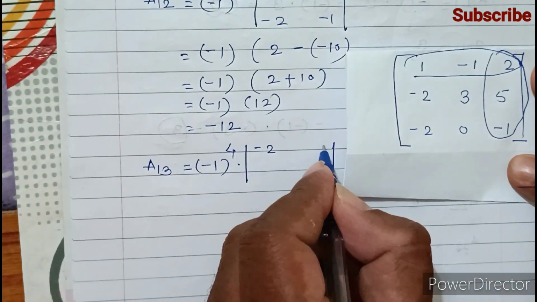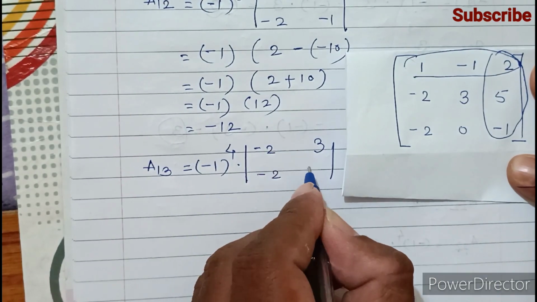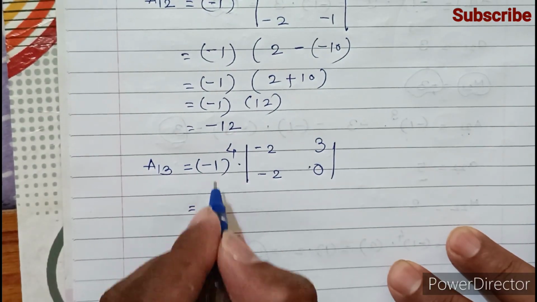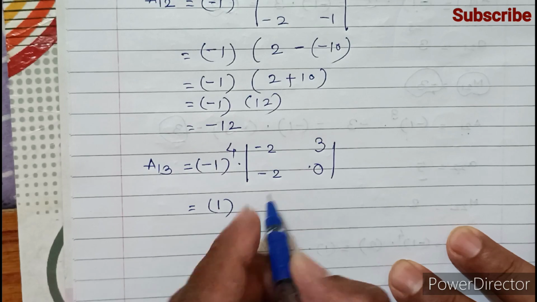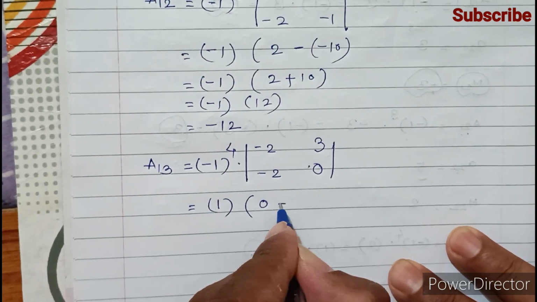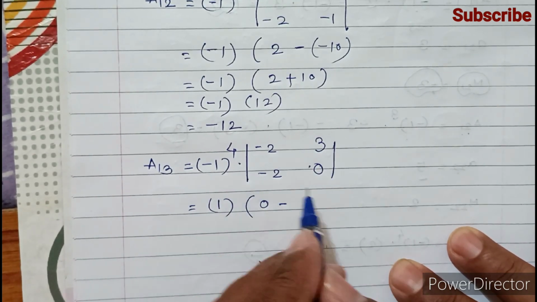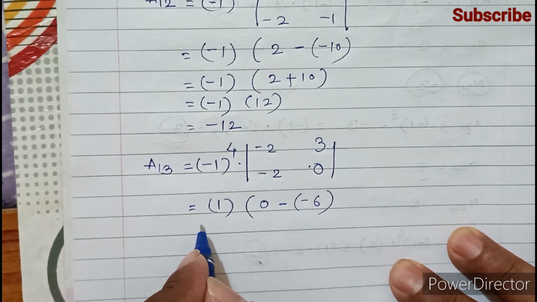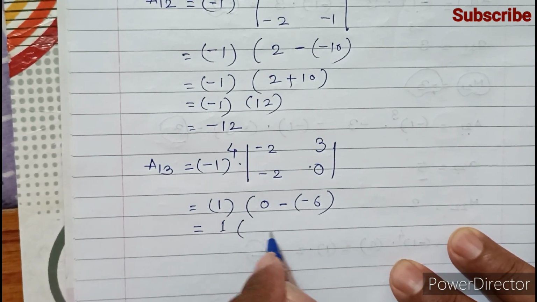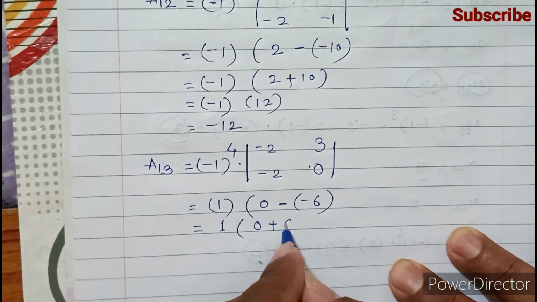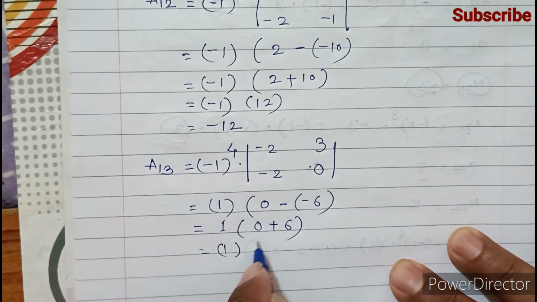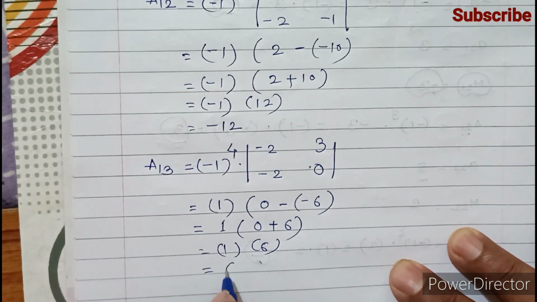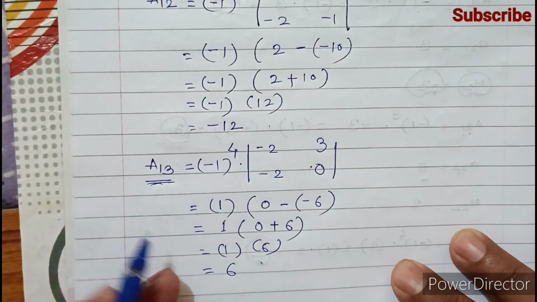Minus 1 to the power 4 is 1, and on solving, minus 2 into 0 is 0, minus 3 into minus 2, that is minus of minus 6, which is plus 6, so 1 into 6 is 6. The value of A13 is 6.